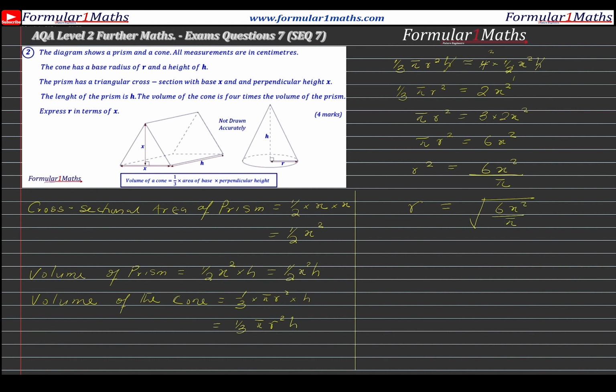I can simplify that by saying r is equal to x times the square root of 6 over pi, because the square root of x squared is x over here. And that is the required expression for r in terms of x.